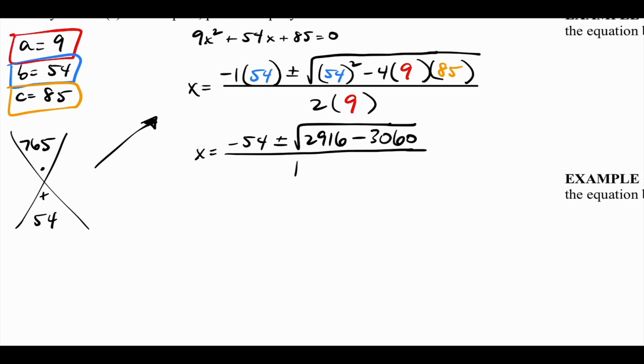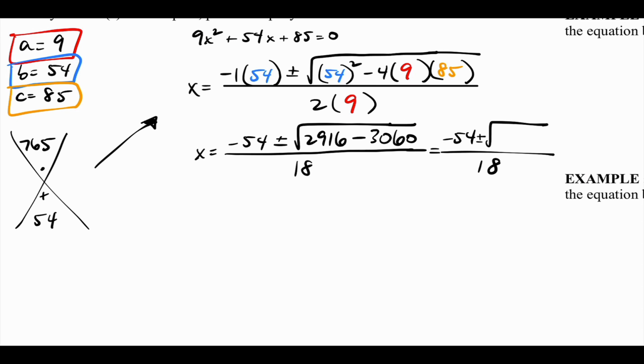Then 2 times 9 is 18. 2,916 minus 3,060, you're going to get, again, negative 144.